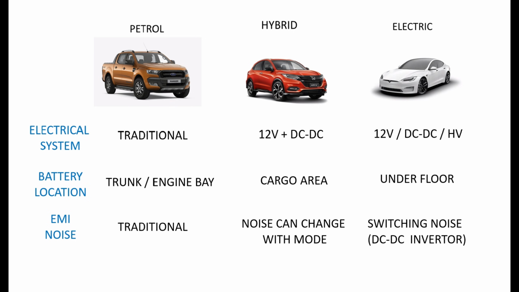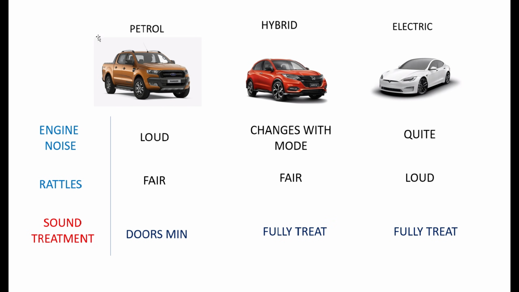Okay, the next thing is to do with road noise, right, and noise in the cabin. So, when you think about a traditional car, most of the noise comes from the engine and from the road noise, that type of thing.